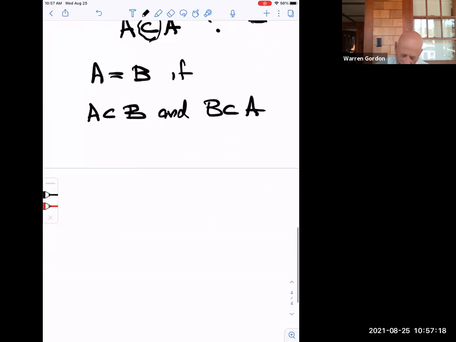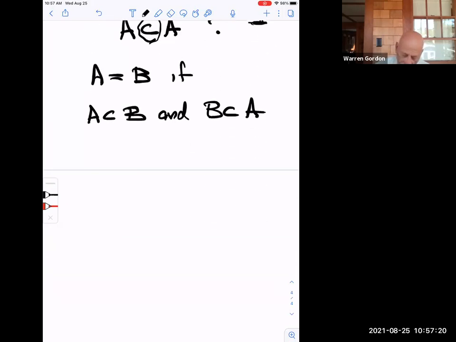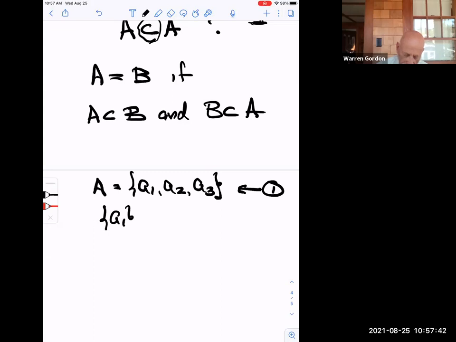Now, let's look at a trivial example. Suppose A is a set A1, A2, A3. So let's list all possible subsets. Well, here's one of them. That's one possible subset. Here are other possible subsets. Here's one.